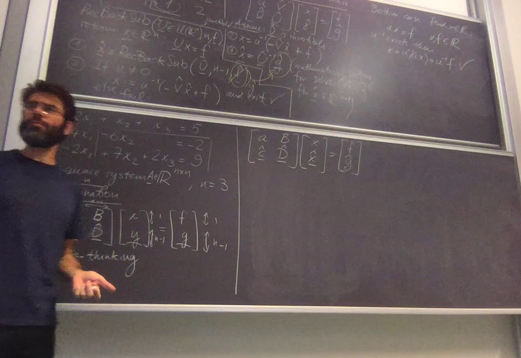So V times lambda is basically the columns of V, which I'm going to call V_i, times the coefficients lambda_i of some vector lambda. Remember these are linear combinations, up to some m.